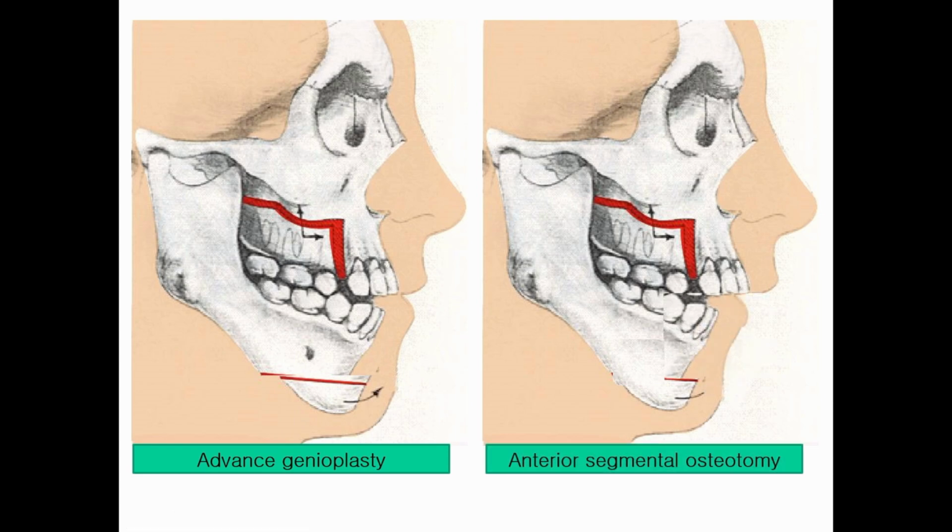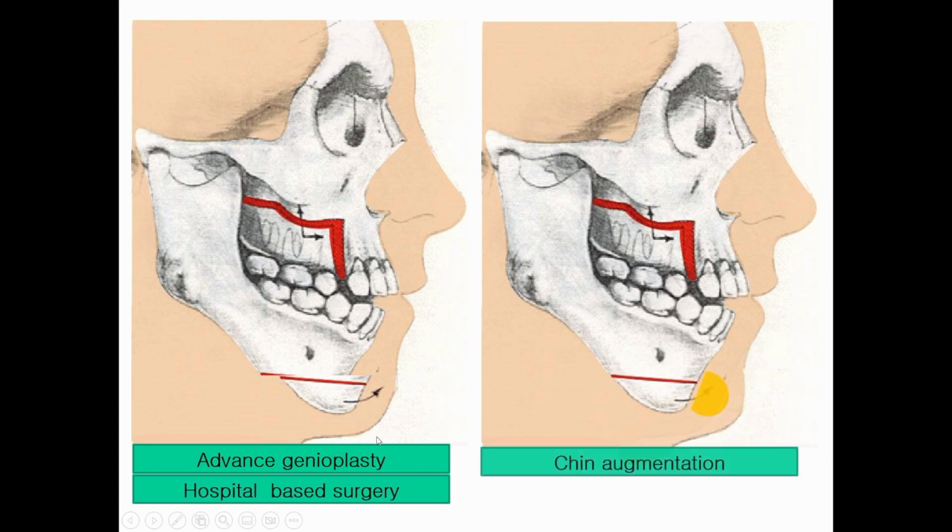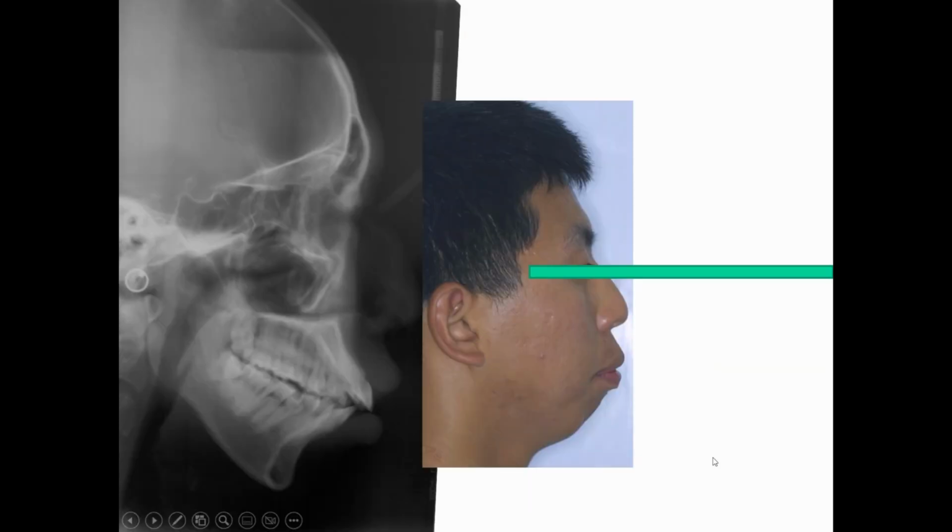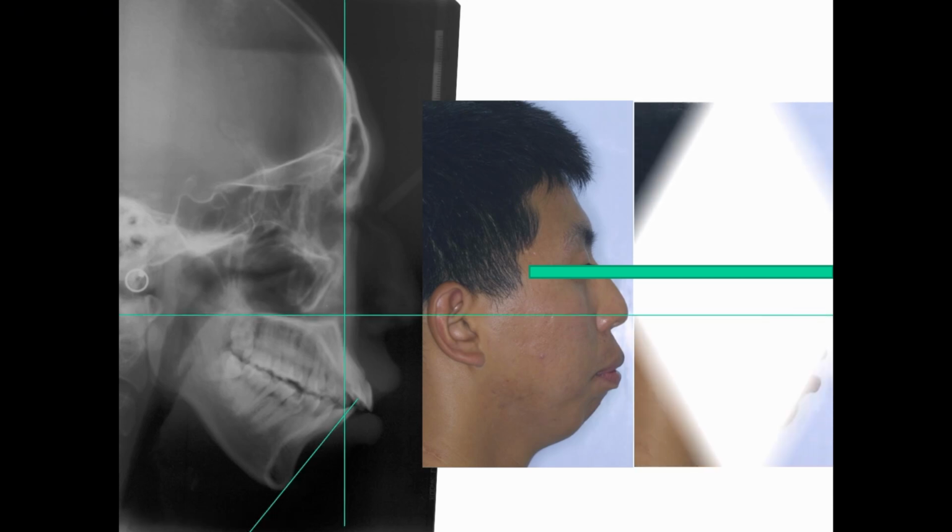So if the patient's chin thickness is not strong, so genioplasty or chin augmentation. Add something here. Look at the structure.